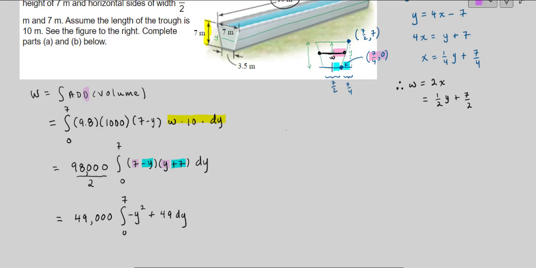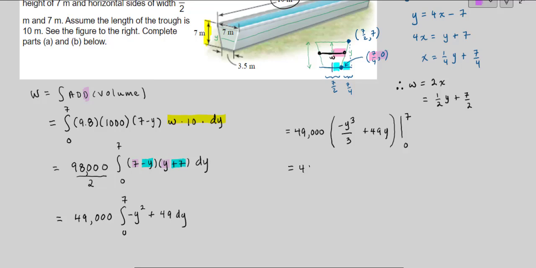All right, so we will have 49,000 out in front. And then we will do our integration. We will get negative y cubed over 3 plus 49 times y. And that's from 0 to 7.